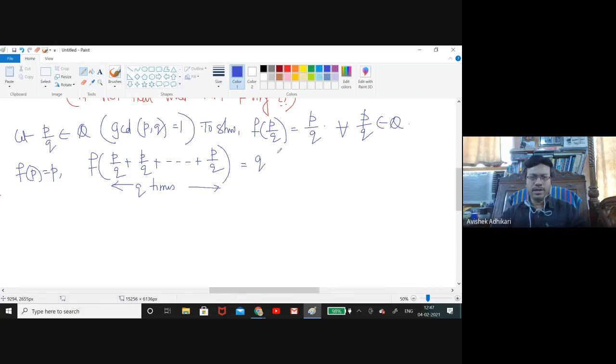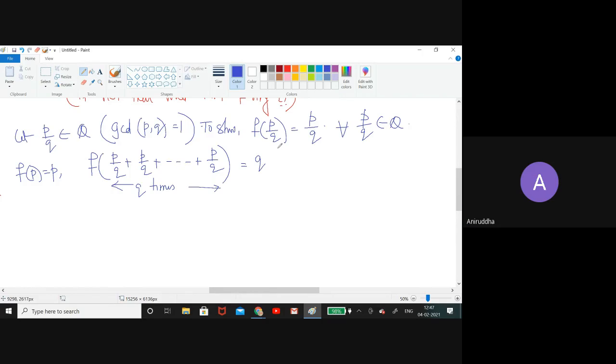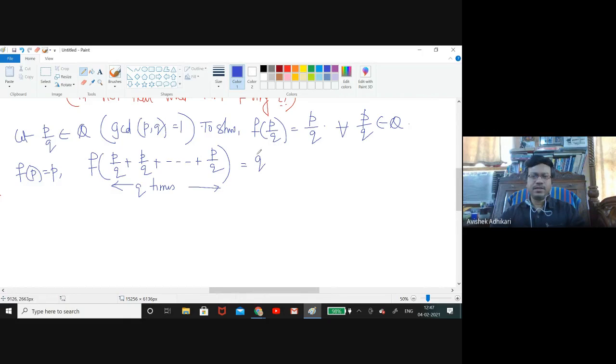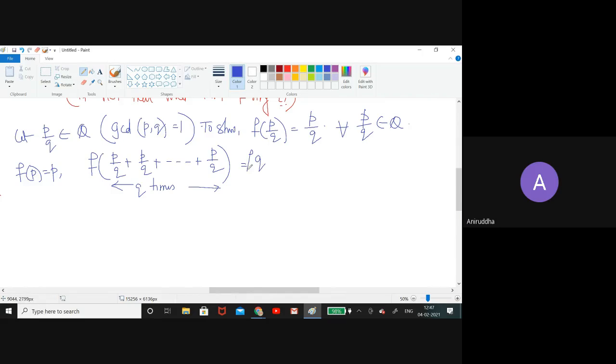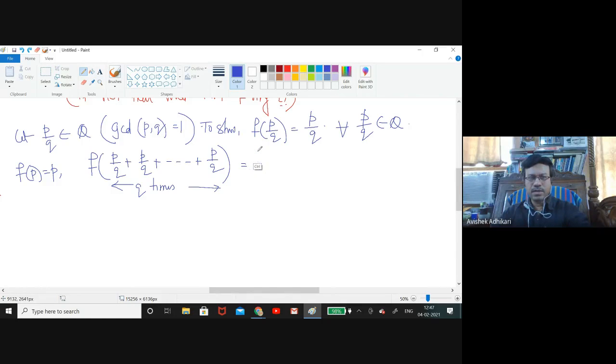No, not directly. Just tell me a few steps. You are correct. Then what should this be? Sir, on the right side, that should be p instead of q. Right side is f(p), yes.